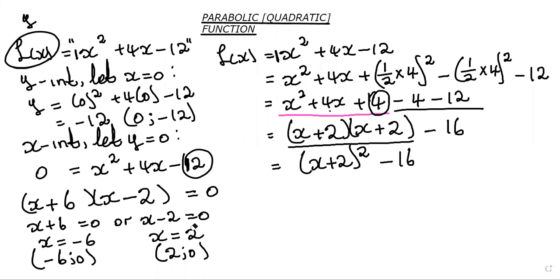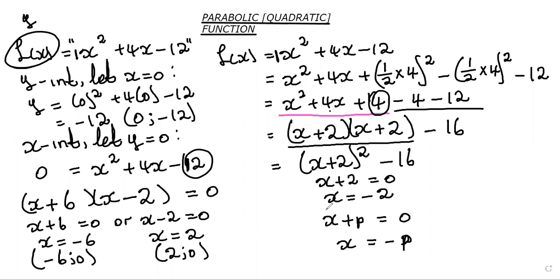So from this point, remember how we said we find the x coordinate of the turning point. We said it's going to be x plus p, which is equal to 0, meaning your x is going to be negative p. So we apply the same reasoning. We are looking for the x coordinate of the turning point. Therefore, we'll say x plus 2 equals 0. So this means that the x coordinate of the turning point is going to be negative 2.